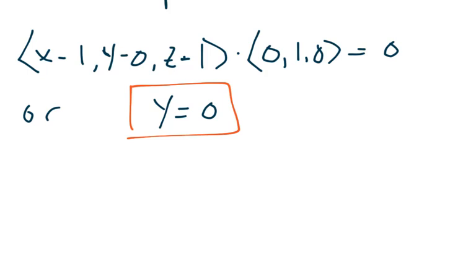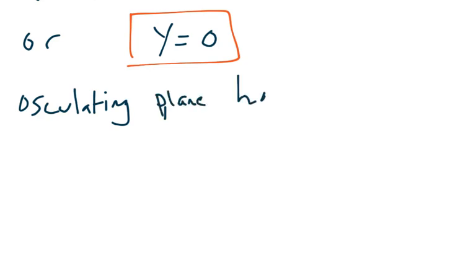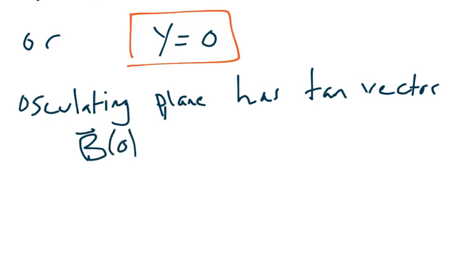Okay. Now it wants us to write down the definition for the osculating plane. So the osculating plane has normal vector B at 0.